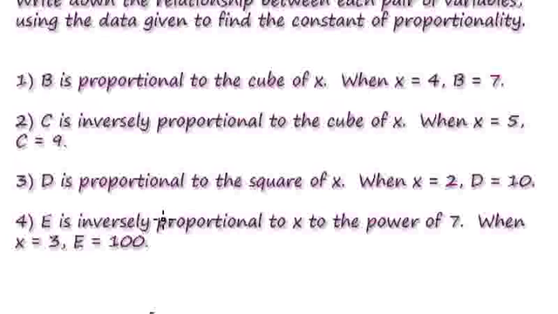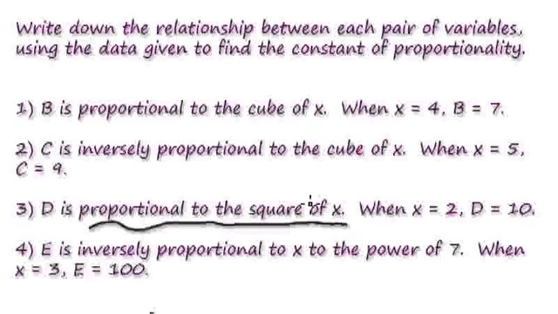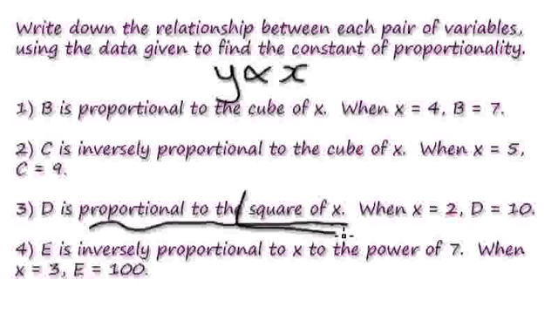Okay. All right. So question 3 here. d is proportional to the square of x. Now, when you say y is proportional to x, you can write this. So here y is proportional to the square of x.